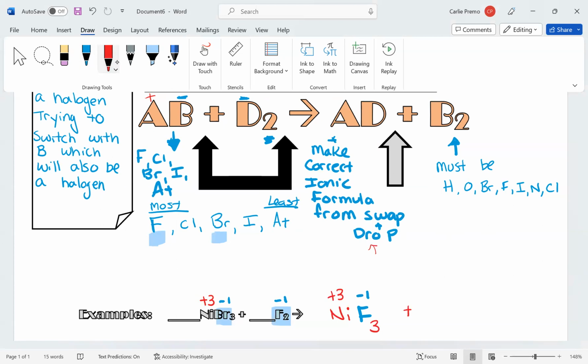And then bromine, which has now been displaced, ends up alone. But unlike in cation replacement, where that's all we would do, when it is alone, we need to add that 2 because it is one of our 7 diatomics. And so we must always Hoerfinkel, which is just the 7 things listed out here. Anytime they're alone, you must put a tiny 2.